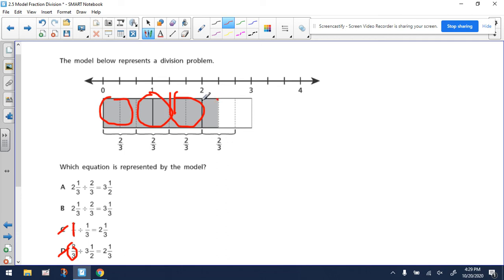It's not quite 4 groups, right? So is the answer, do we have 3.5 groups of 2/3? Or is it this? So which one is modeled by this? Now, what you might want to do is actually do the algorithm for each of these to see which one is true and matches the picture to help you narrow down between A and B.